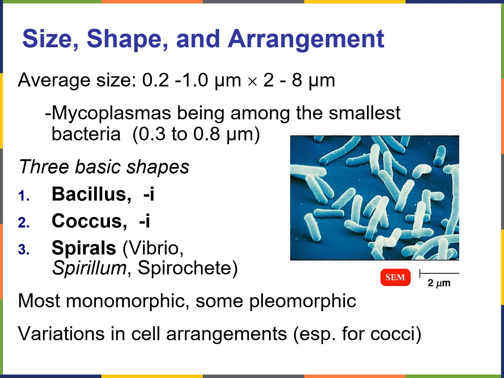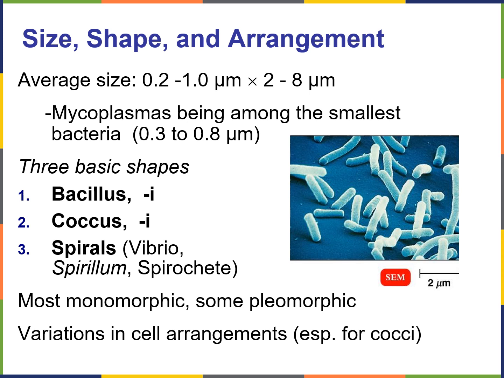These are bacteria that are round. They are round spheres. And then the third group of bacteria are your spirals. Within the spirals, this group can be broken down into 3 subgroups: the vibrios, the spirillums, and the spirochetes. We will go over those 3 different classifications on the next slide.